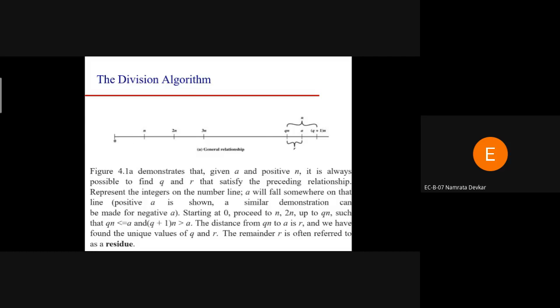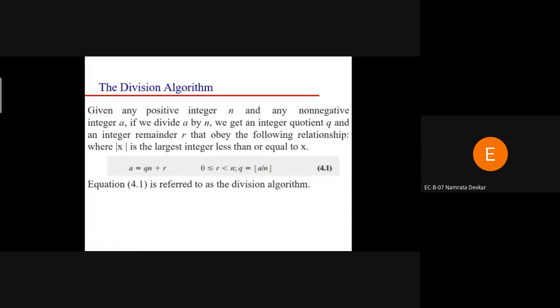Before that, everyone focus on the given division algorithm. The statement of the division algorithm is a is equal to qn plus r. Now I'll give you the value of a. Note down the value of a: the value of a is 295, and the value of n is 29.